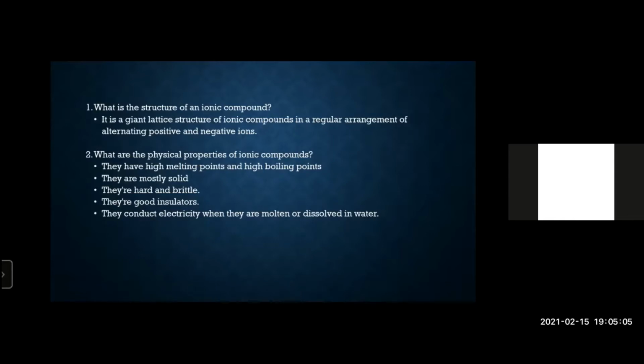The H plus positive ions in water pull the negative ions, or the anions, in the ionic compound, and the OH minus ions in water attract the cations, or the positive ions, in the compound, and so the ions dissociate and separate. So the ionic compounds can conduct electricity when they are molten or dissolved in water.